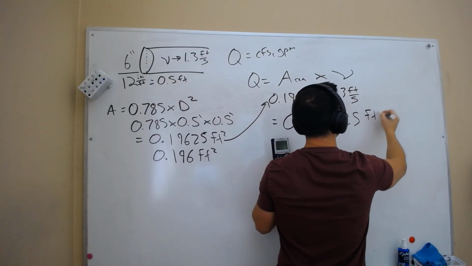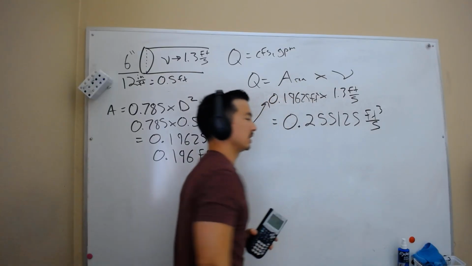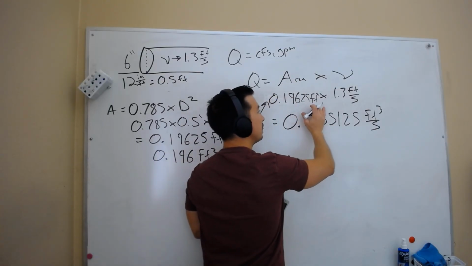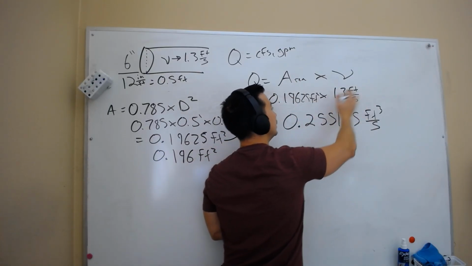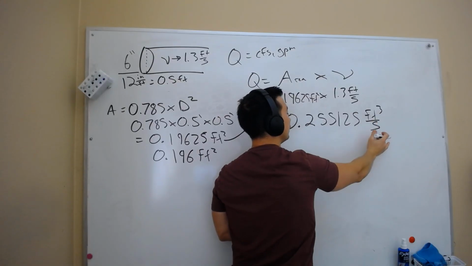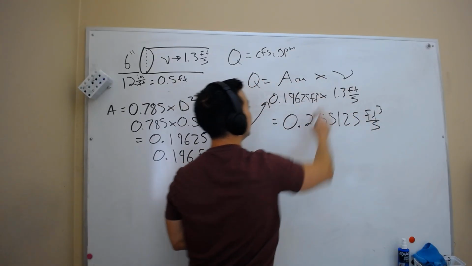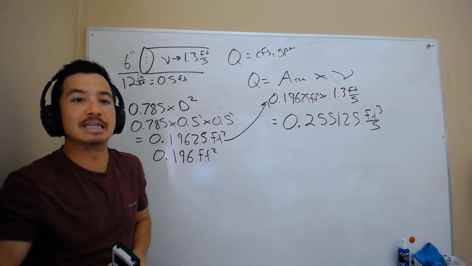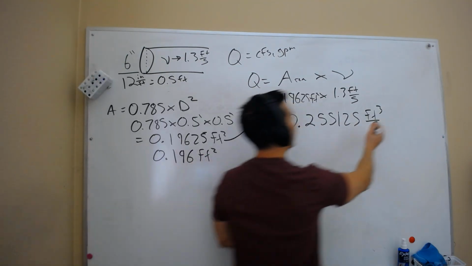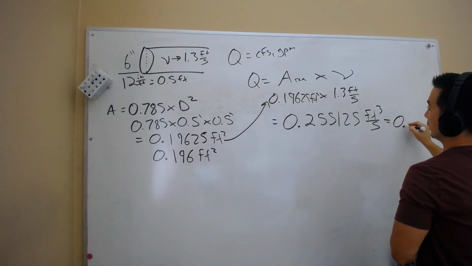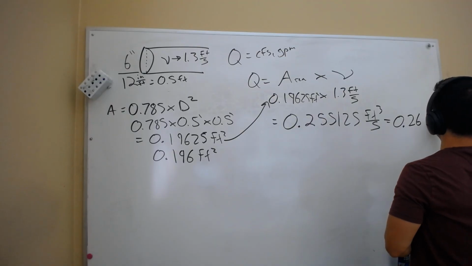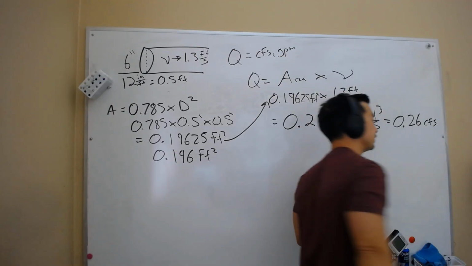And my units are cubic feet per second, right? I have square feet times feet per second. Square feet times feet gives me cubic feet, and I'm left with seconds on the bottom. This is my flow rate. Anytime we use the standard Q equals AV formula, you're going to get your answer in CFS. Now you might round this to 0.26 CFS.